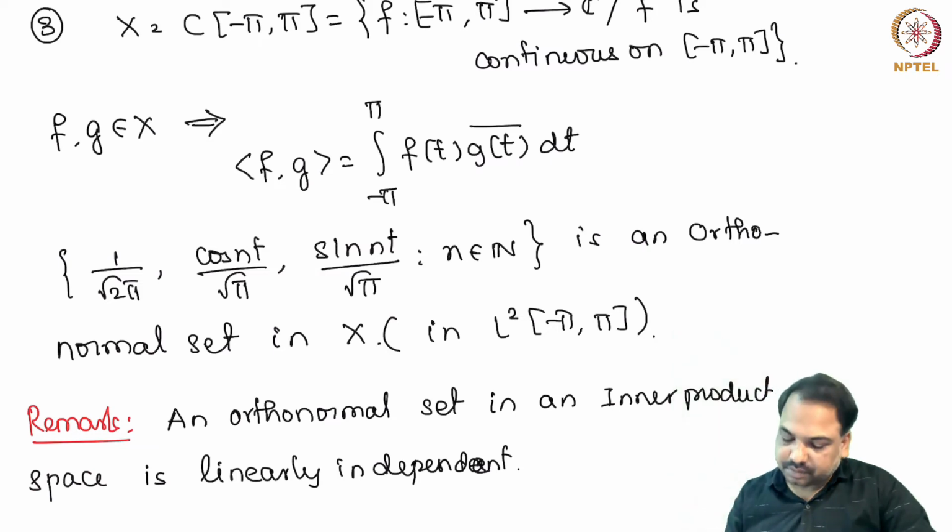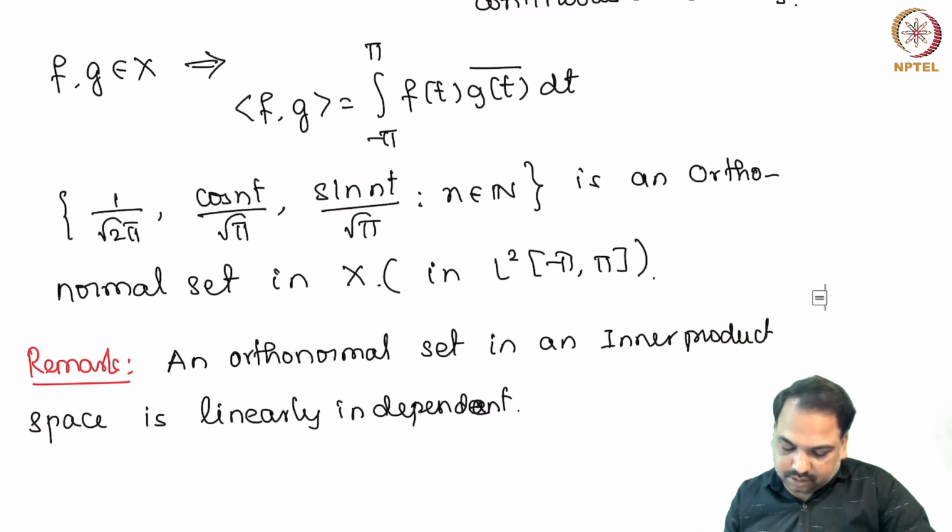Okay. Now we can ask the question, is the converse true? In general, this converse is not true, but actually we can find an orthonormal set from a linearly independent set.